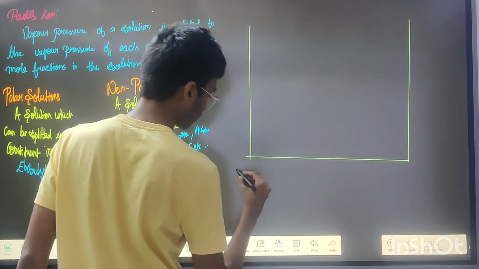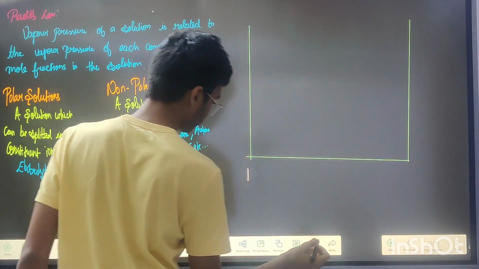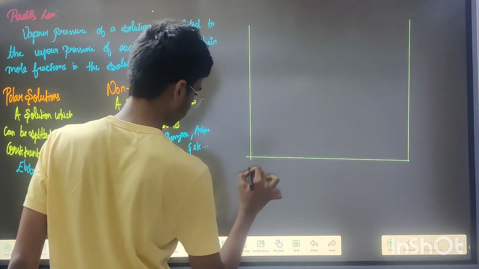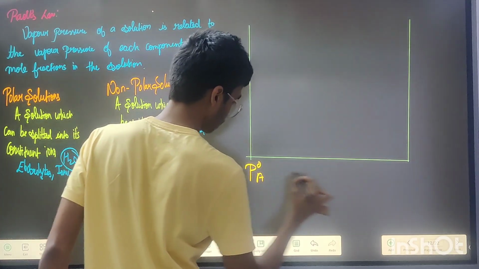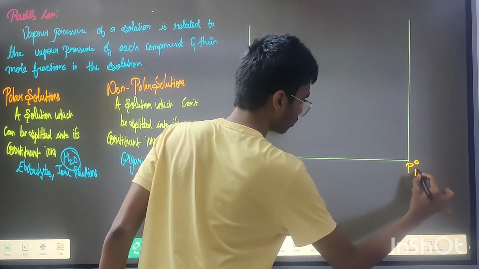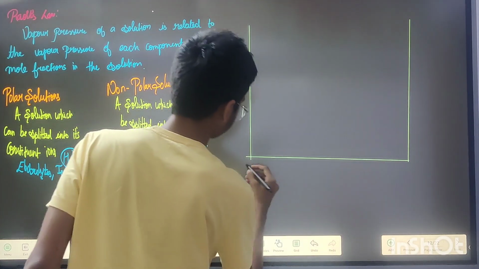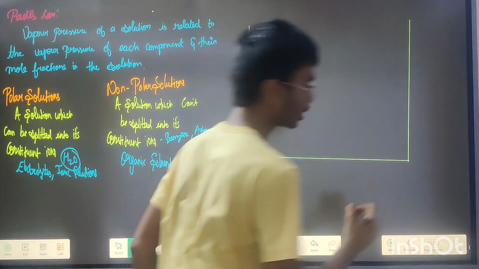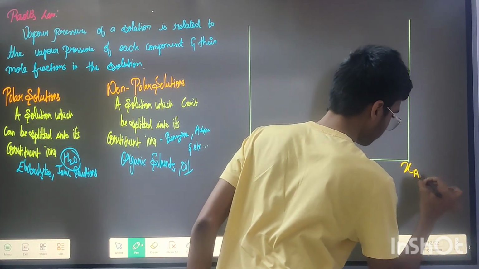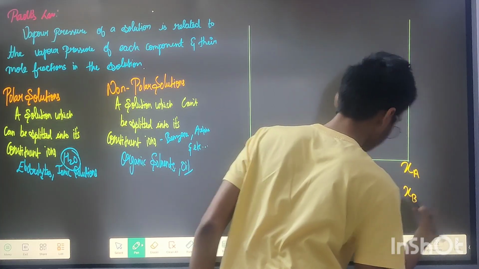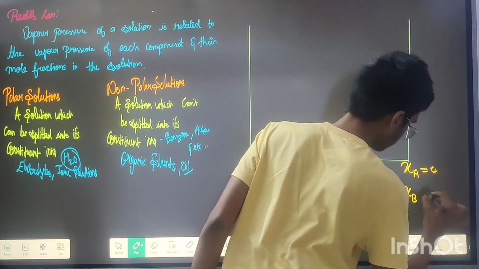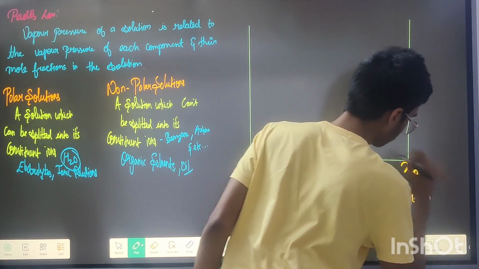Same, which is P naught A and then P naught B. XA, XB. Then here also XA, XB. Here it is going to be 1, here it is going to be 0, here it is going to be 0, here it is going to be 1.